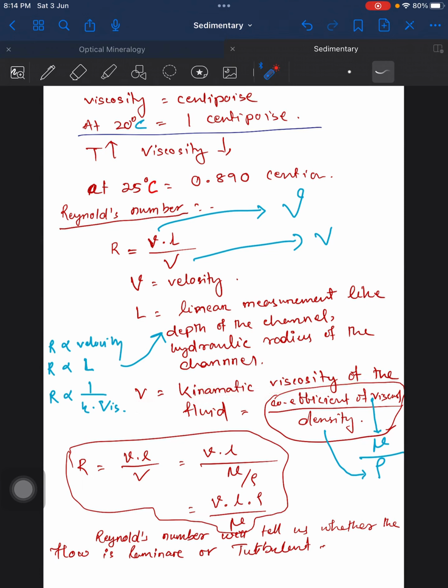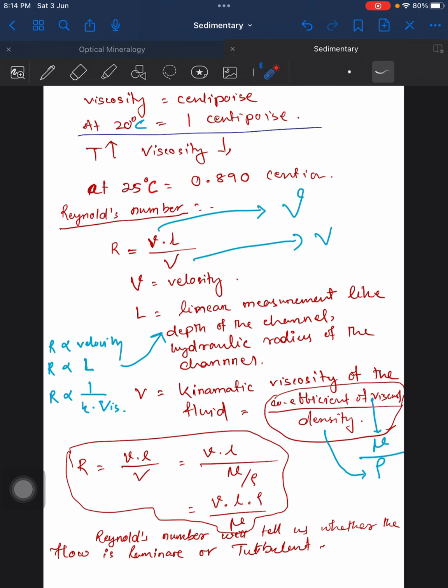Kinematic viscosity, as you all have read in physics, is the coefficient of viscosity, that is μ, divided by ρ. So the coefficient of viscosity divided by ρ, the density, will give you the kinematic viscosity, or ν. So the Reynolds number is equal to this one.